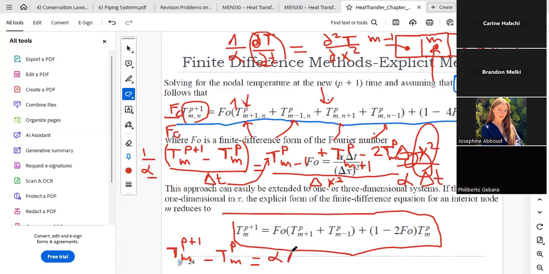And we said that this dimensionless term is called the Fourier number, okay? So alpha delta T over delta x squared is the Fourier number. So I can replace it by Fourier times the temperatures from the other side: T P m plus 1 plus T P m minus 1 minus 2 Tp.